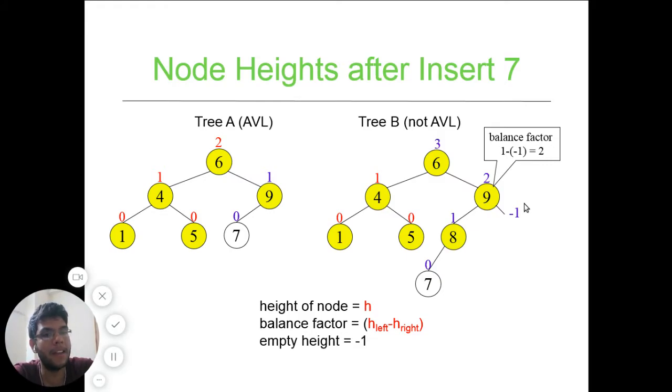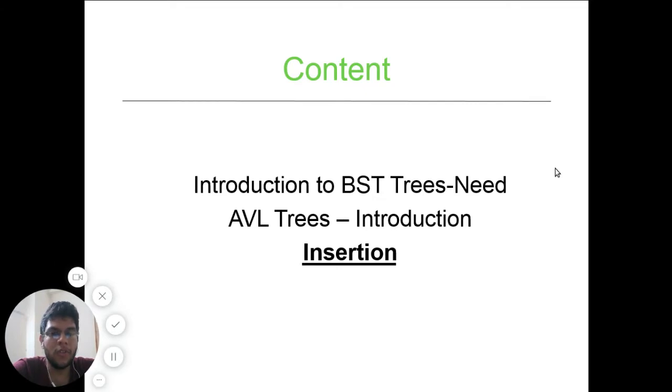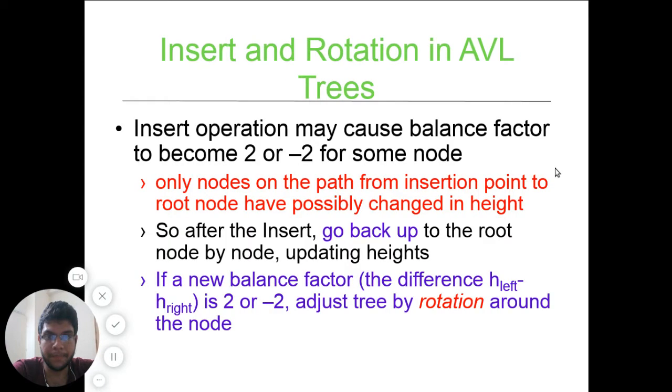As we mentioned, the balance factor has to be between minus 1 and 1. Minus 1, 0 and 1. These are the only possible values that the balance factor can attain at any instant if it's an AVL tree. So what was the problem? When we performed insertion in an AVL tree, we realized that its invariant got disturbed.